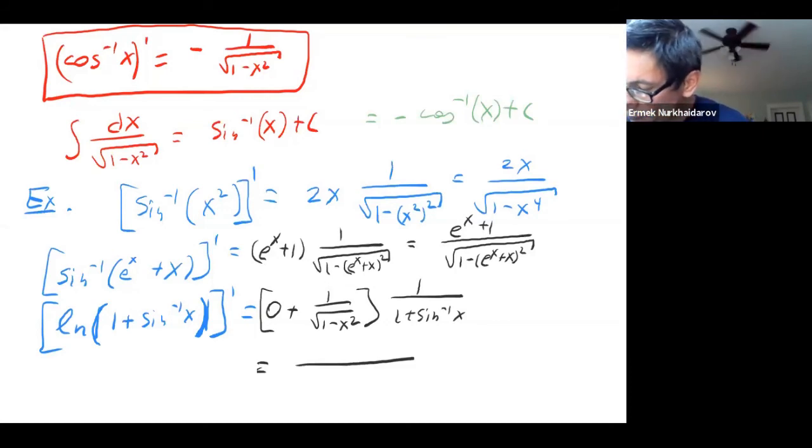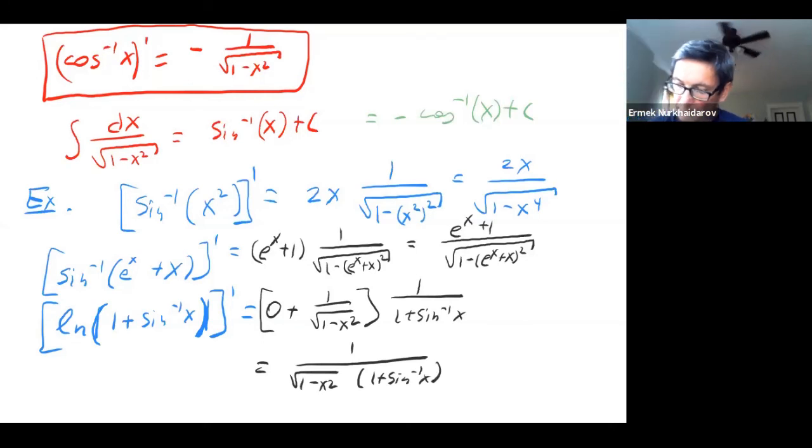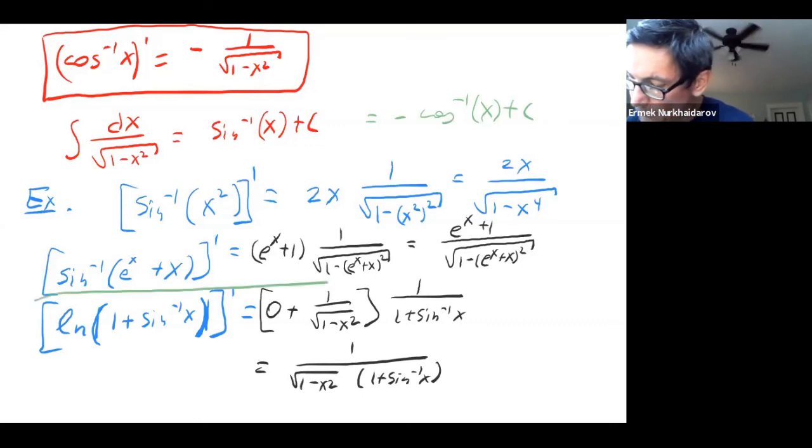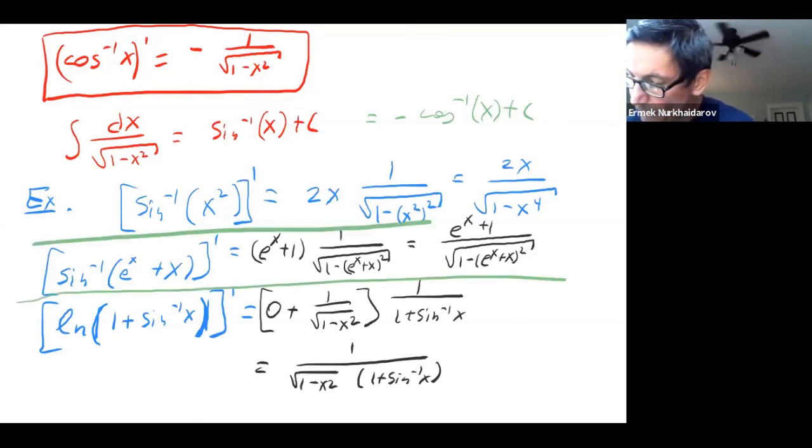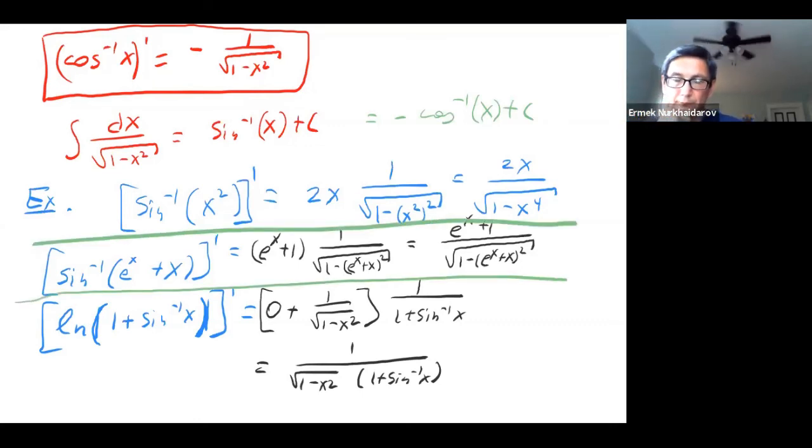We'll rewrite it as one big fraction, but that's about it. So that's your answer for the second one and the first one. So with derivatives, your regular product rule, quotient rule, chain rule, and two more functions to deal with, cosine inverse and sine inverse.